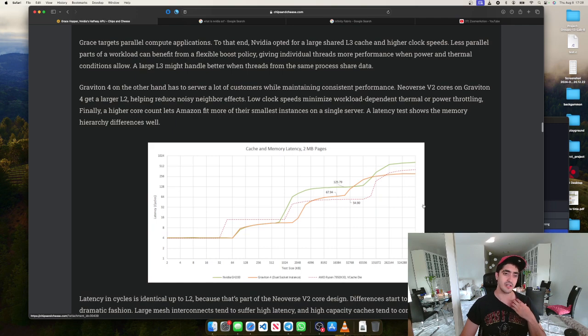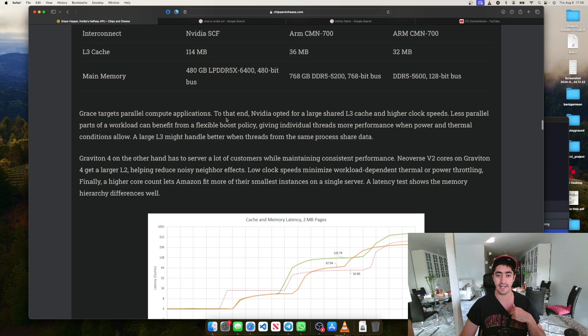Grace targets parallel compute applications. To that end, Nvidia opted for a large shared L3 cache and higher clock speeds. Less parallel parts of a workload can benefit from a flexible boost policy, giving individual threads more performance when power and thermal conditions allow. A large L3 might handle better when threads from the same process share data.